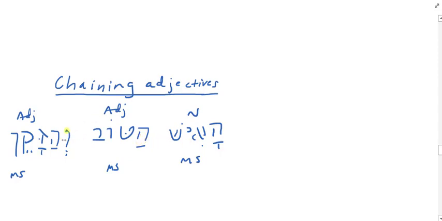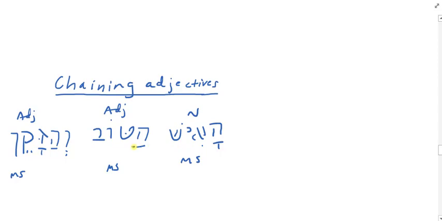But I've got an extra adjective that I want to use to tell what kind of man I'm talking about. So I will add the conjunction vav, and then I have to add another article and an adjective to match the article and the noun here. So it's not just ha'ish hatov, but ha'ish hatov hazakein. The man, the good, and the elderly.